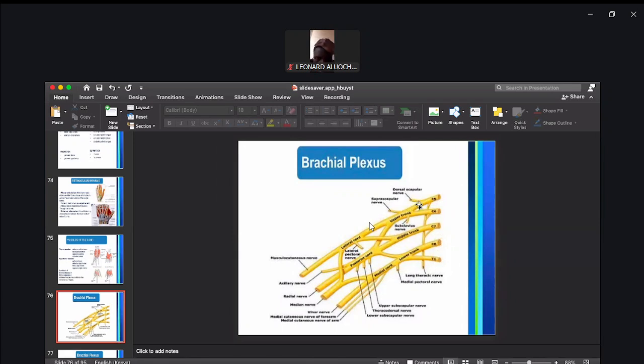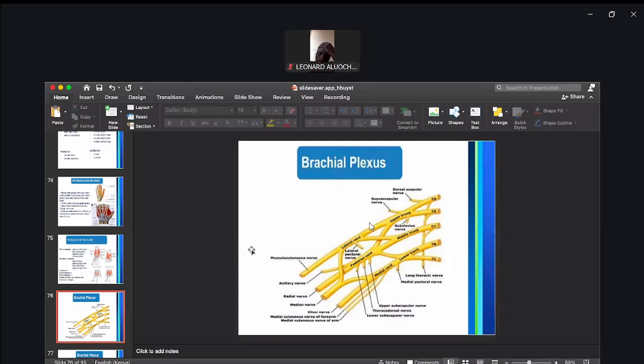Then we may ask you about the upper trunk: what comes out of the upper trunk, and give you choices. So there are 1,001 questions from the brachial plexus. Just go through questions and read around it.